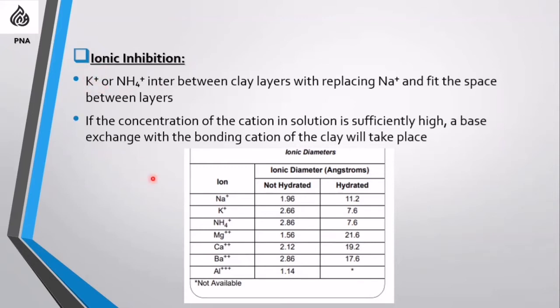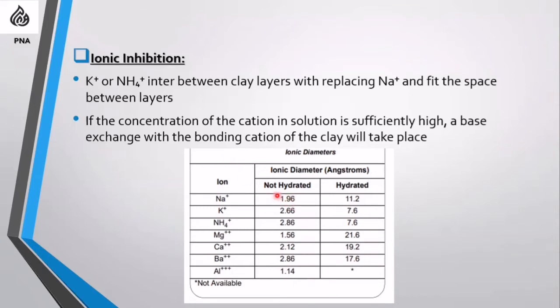We use KCl. We need the potassium to provide this ionic inhibition, to replace the sodium and fit the space, because the space between layers is only 2.8.